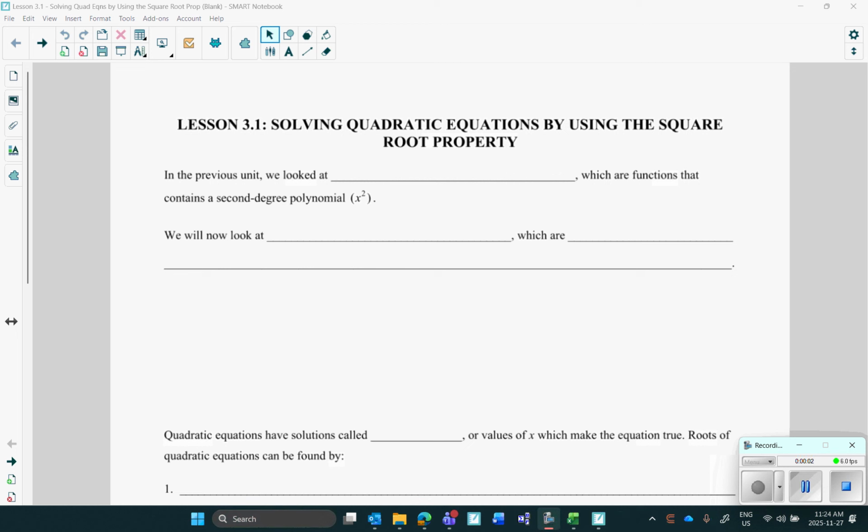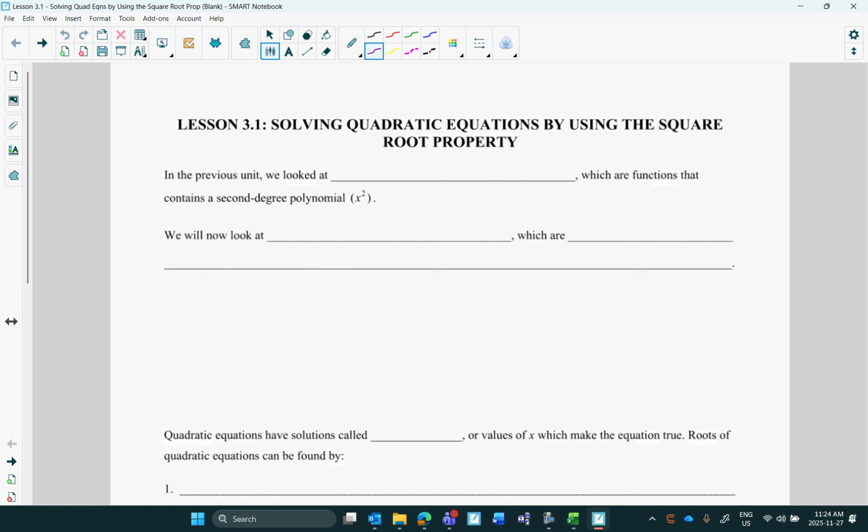So we just spent quite a bit of time on quadratic functions. How can we tell if something was a quadratic function?